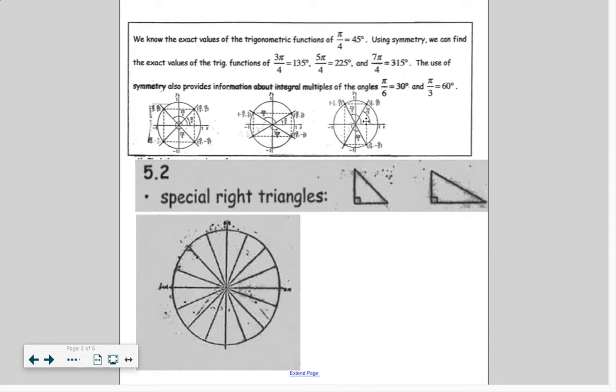And again, the 60-degree angle is referring to the reference angle, which is just the smallest angle to get back to the x-axis. So this is 60, this is 60, this is 60, but coming from our starting position, it'll be either 60, 180 minus 60, 180 plus 60, or 360 minus 60.